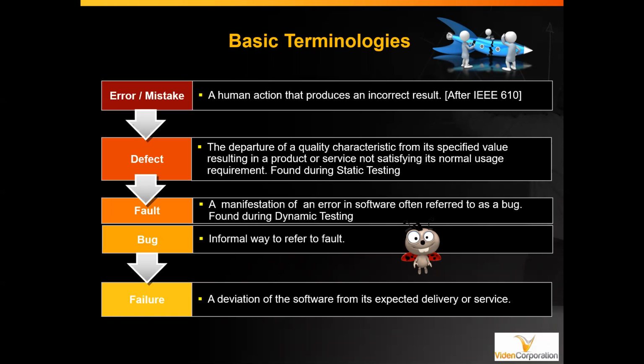A defect is a variance from requirement found during static testing, and a fault is when you see that bug's manifestation, that now the bug is happening in the product because you're running it, you're executing it. So that is called a fault.